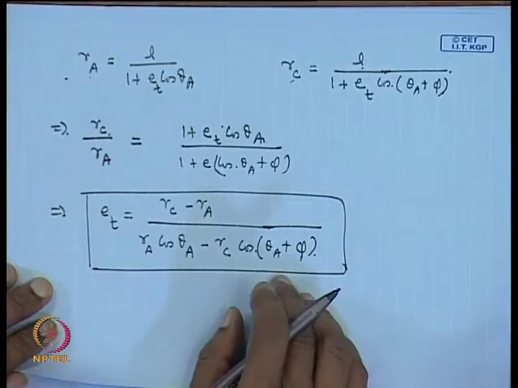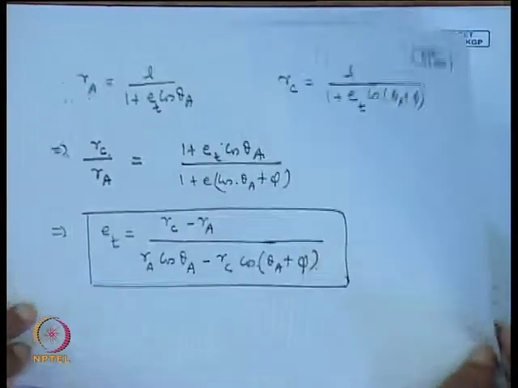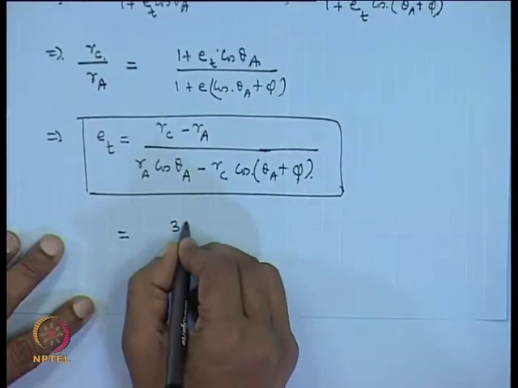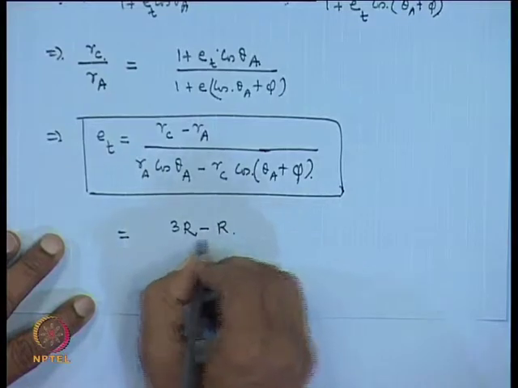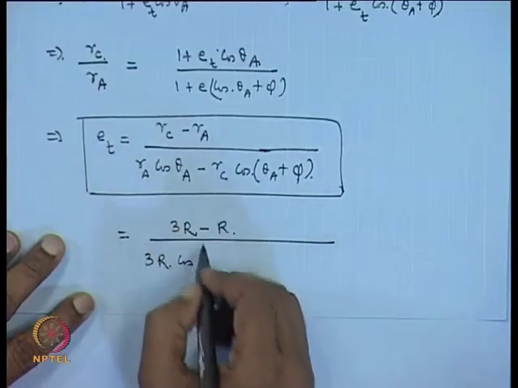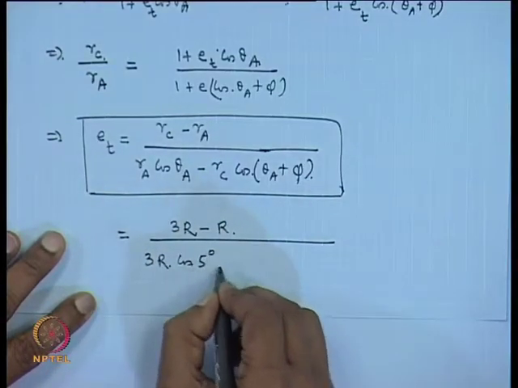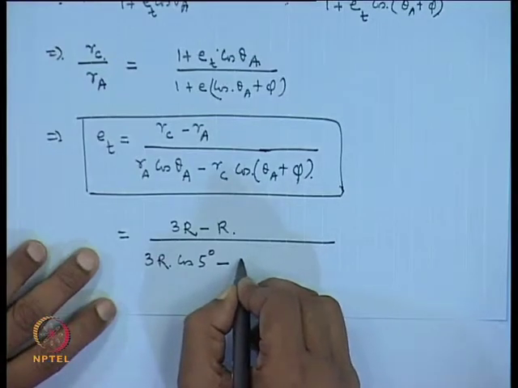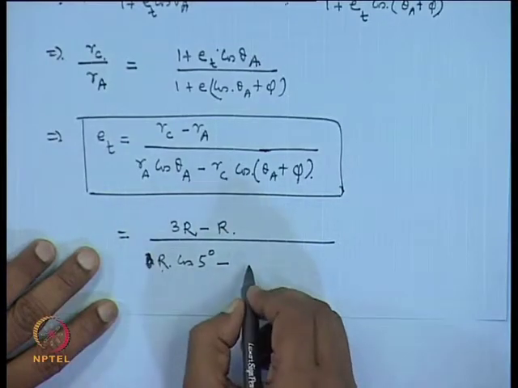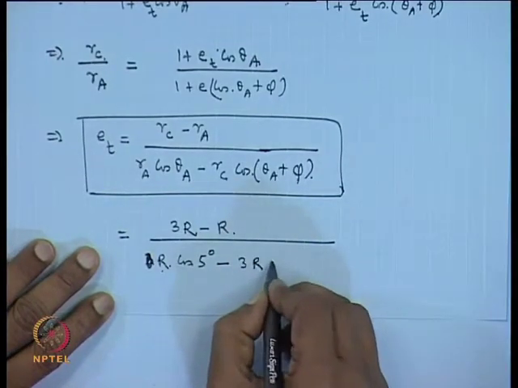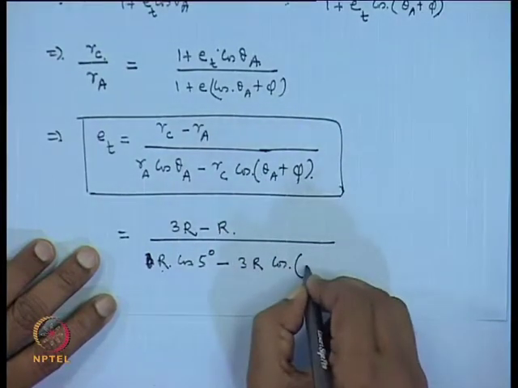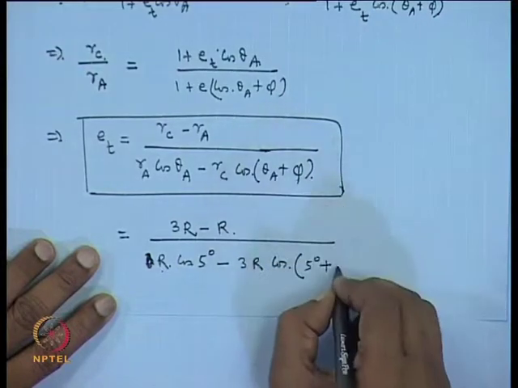So, in the third step we can calculate this value. Now, RC and RA these are given to us. So, RC is 3R and RA is R, and this becomes 3R and cos theta A. So, theta A we have assumed to be 5 degree, and RA is R, and this is 3R cos theta A is now 5 degree and phi is 90 degree.